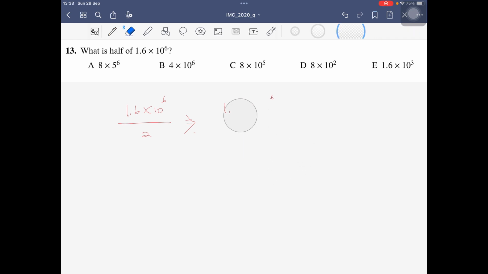But when you apply this divide by 2 on a multiplication, we do only one number. So 0.8 times 10 to the power of 6.